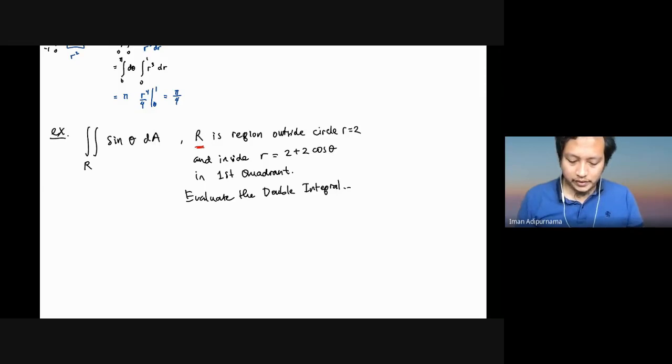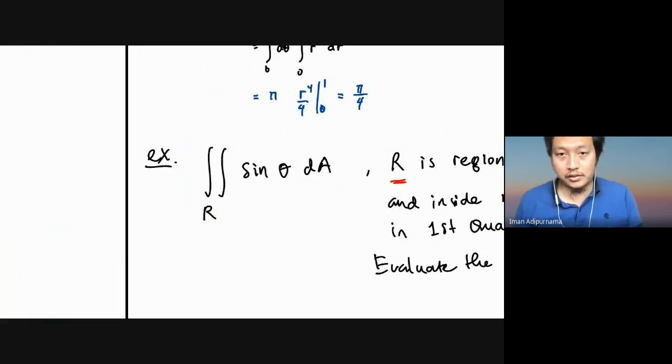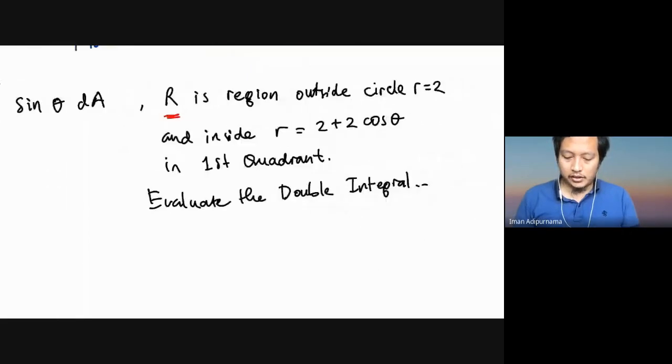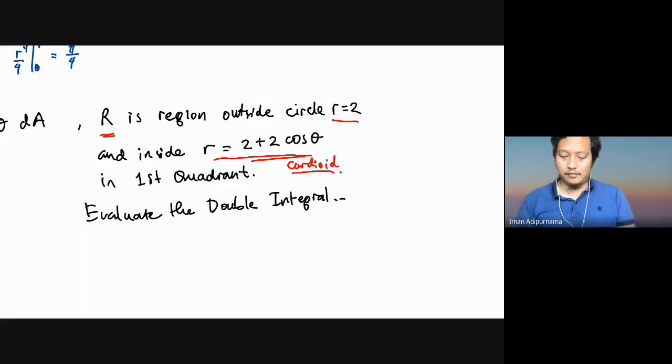So you have this R, but you need to define which is the top boundary and which is the lower boundary. So it's important to at least draw a rough sketch of the graph. You need to draw first the circle, and then draw the other polar curve. This time it is the cardioid, right? The cardioid. Okay, you can also try by yourself.